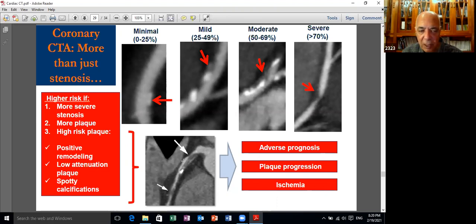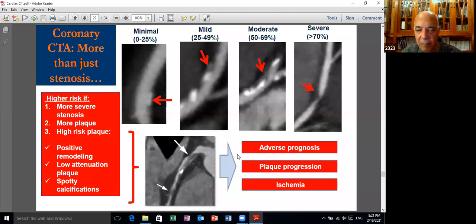If you get a spotty calcification rather than dense and extensive calcification, and if you get the napkin ring sign, sorry, I don't have a picture for the napkin ring sign. Napkin ring sign, you have a high attenuation, that's a white ring surrounding a plaque. So these four features indicate a high-risk plaque.